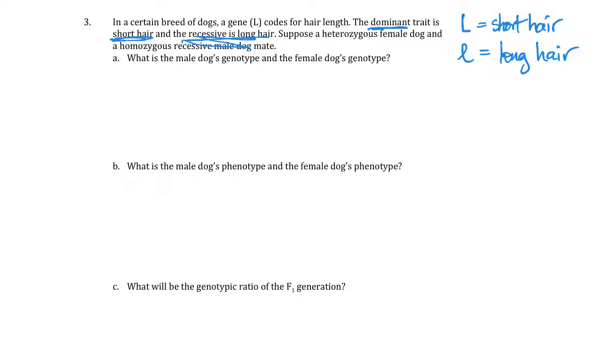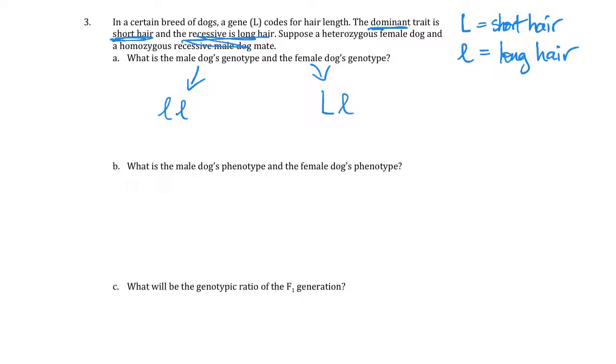What is the male dog's genotype and the female dog's genotype? So the male dog is a homozygous recessive male dog, so both alleles are the same, and recessive. So both little l's. Female dog says heterozygous, so that must mean big L, small l, because that's heterozygous.